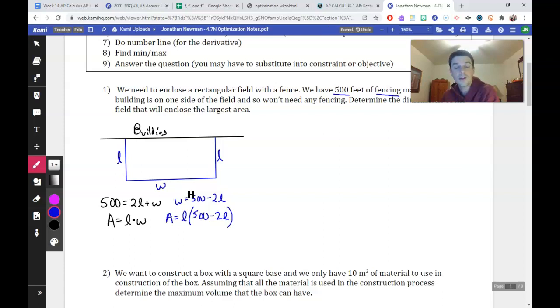Notice we now have the thing we want to maximize, area, and we only have one variable on the other side. So we can take the derivative. I am going to simplify it first, because it's easier to take the derivative when you don't have to deal with the product rule.